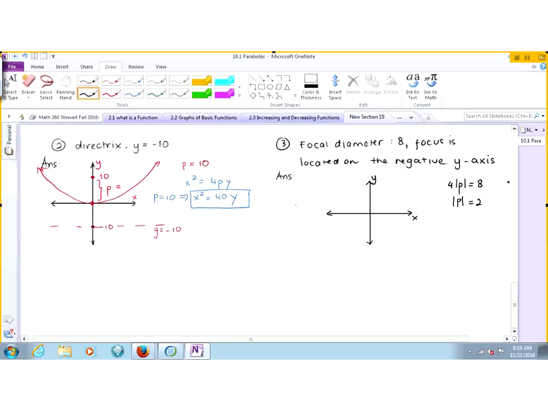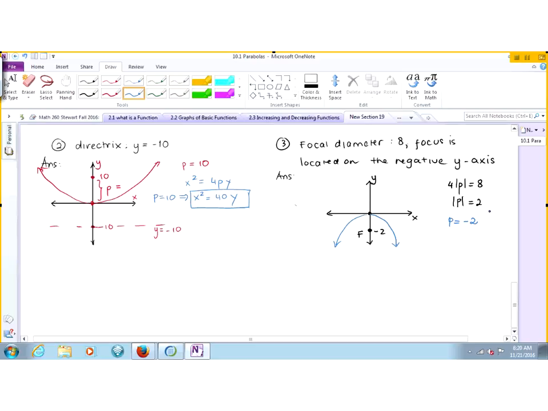Where is your focus? Negative y-axis. So where is it, down or up? Down. What is this? -2. The distance is -2. Okay, this is your focus. Good. And your parabola opens where? Up, down, left, right? Down. Is P positive or negative? -2, yes.